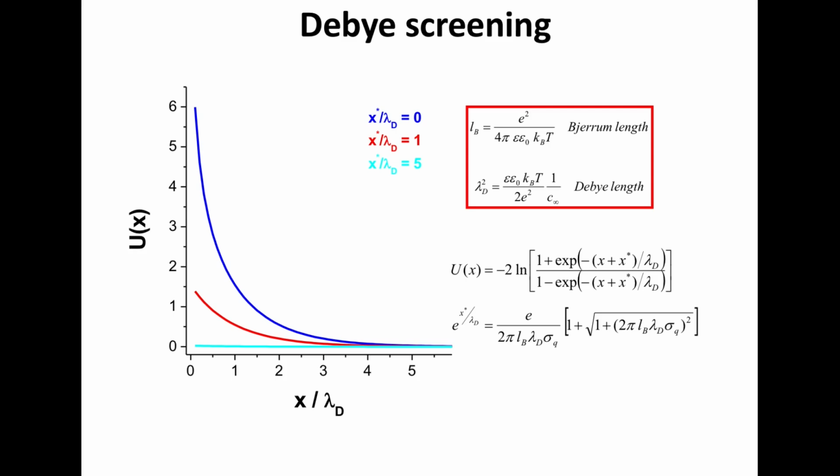So if we have a very small amount of charges on the surface and the concentration of the ions on the outside is high, so x star divided by lambda Debye approaches 0, we see a steep rise in the concentration. And we also see that the drop-off of the potential is very rapid, in an exponential way.